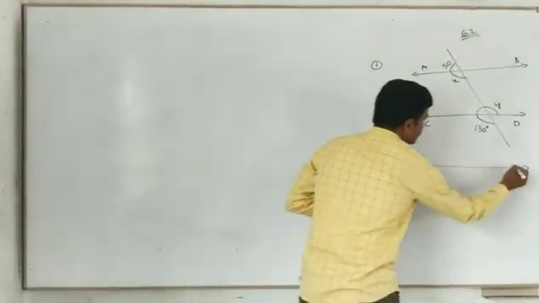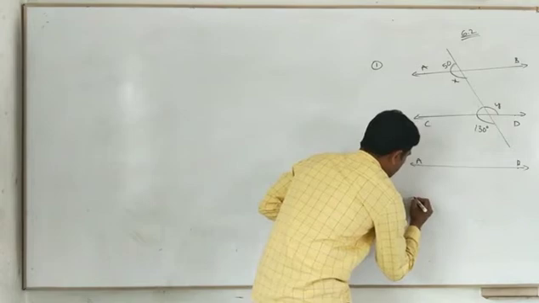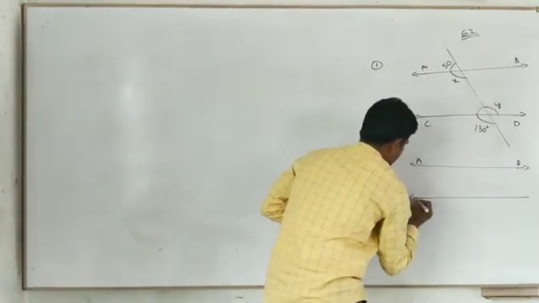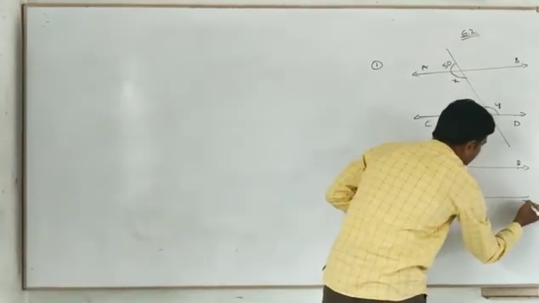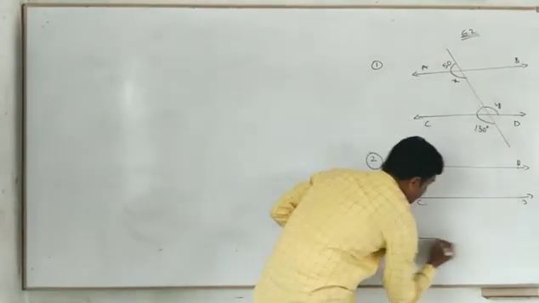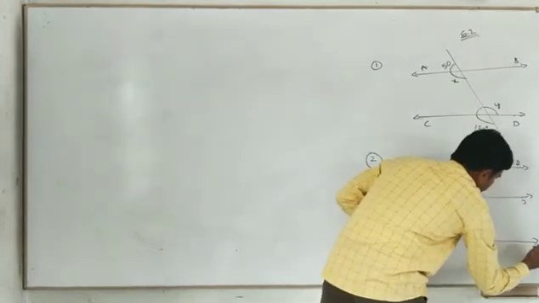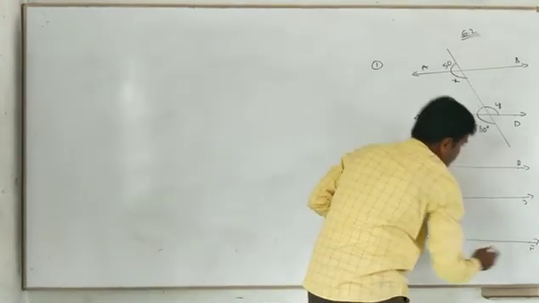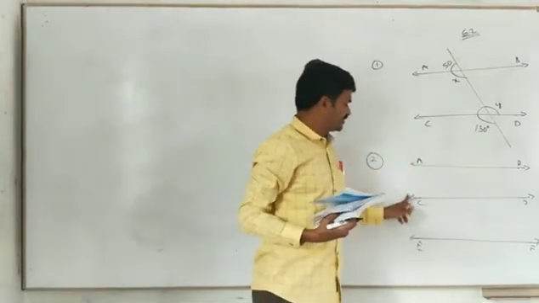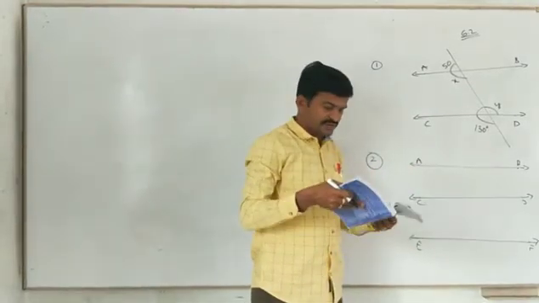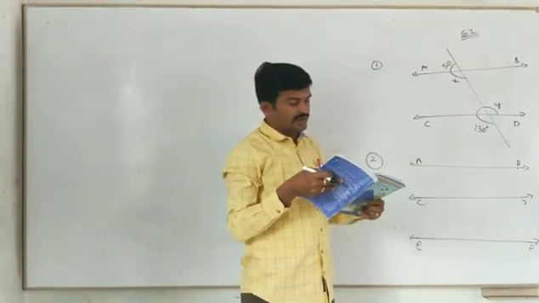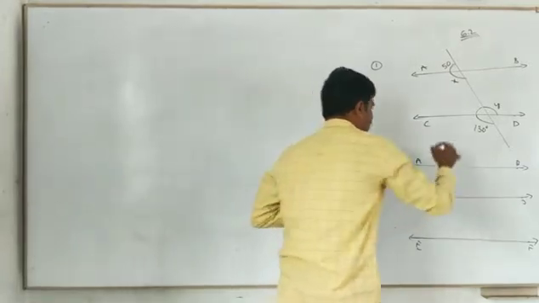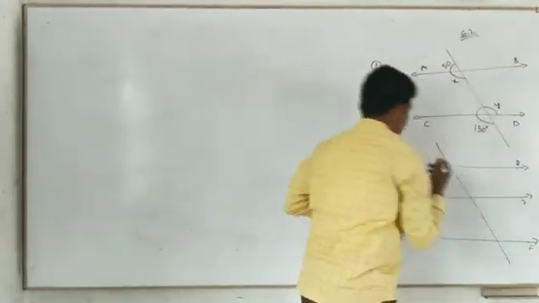This is A, B, parallel to CD, and CD is parallel to EF. These are the conditions. AB is parallel to CD, CD is parallel to EF. And one more line he has drawn. One transversal he has drawn like this. Are you clear?